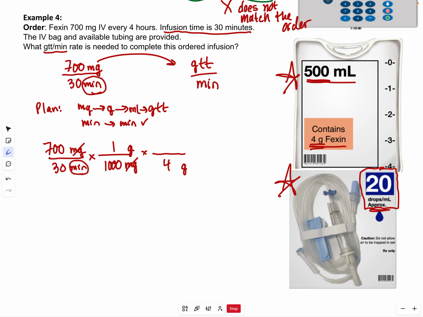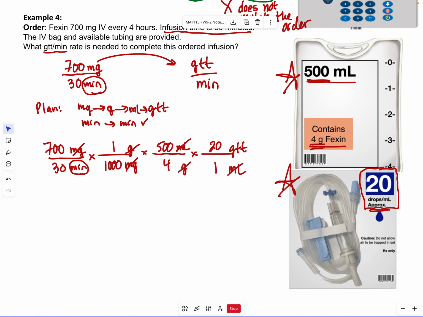There's 4 grams of the drug in 500 mLs. That bag is 500 milliliters. And I'm not quite done because I'm going to be using the tubing that will allow me to convert those volumes. There are 20 drops in 1 milliliter.